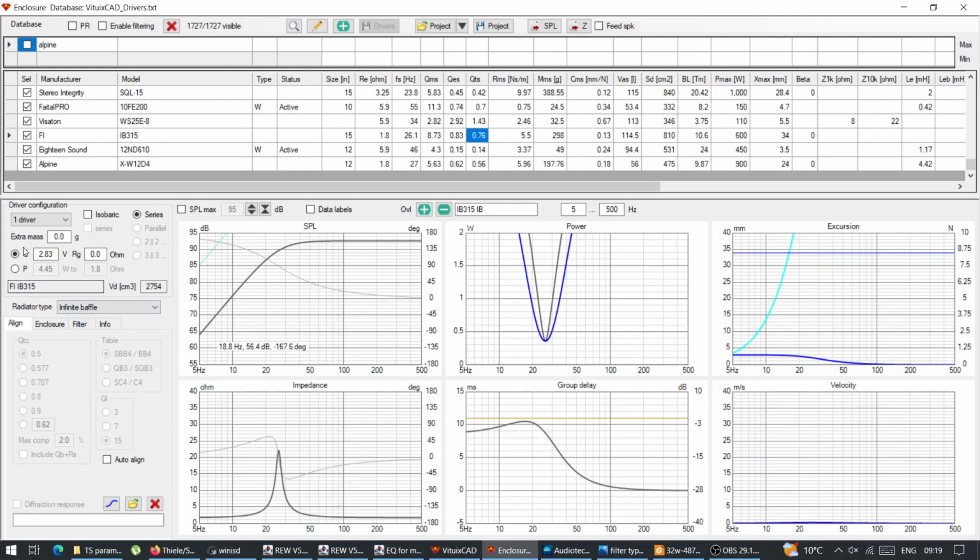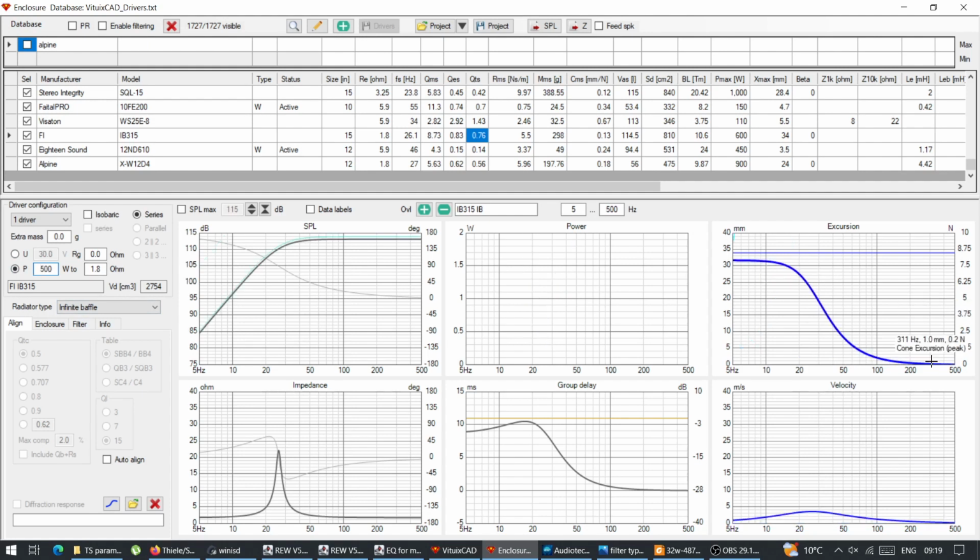Let's just add some power. So a high Q driver manages the excursion. It doesn't over-excurse because the driver itself acts as a crossover. That's why it cuts this.